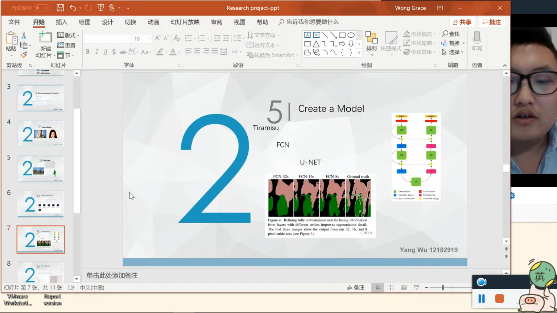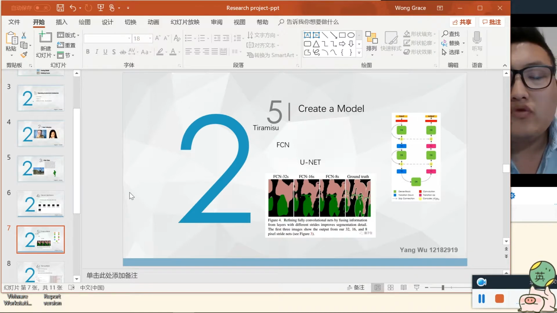Okay, the next is creating a model. The model we chose for the project is Tiramisu. In Chinese it means tiramisu. Before choosing this model, we actually considered three models, including Tiramisu, FCN, and UNet.